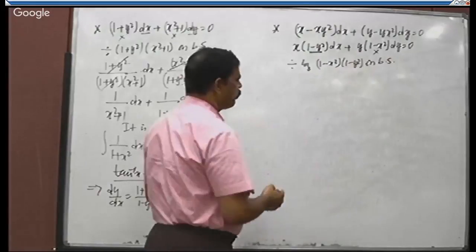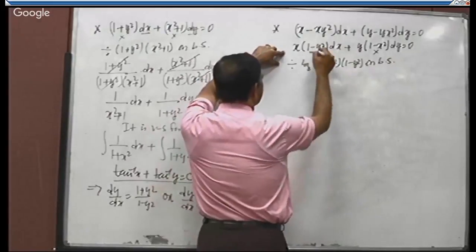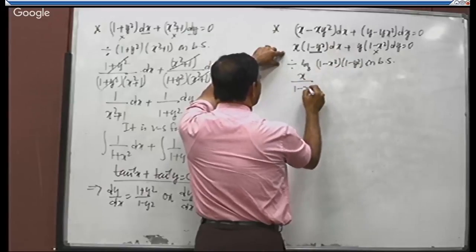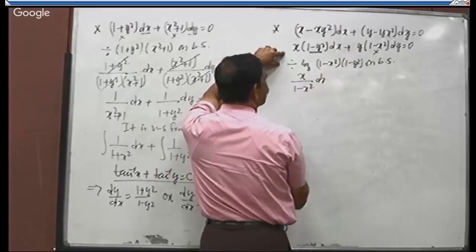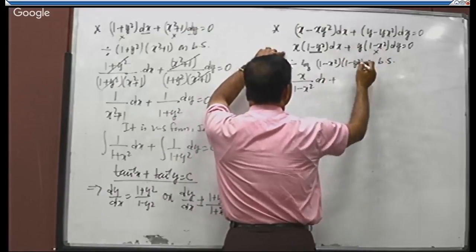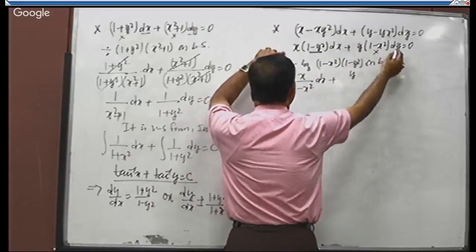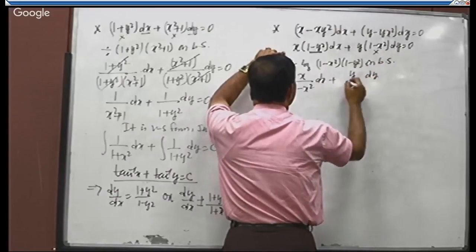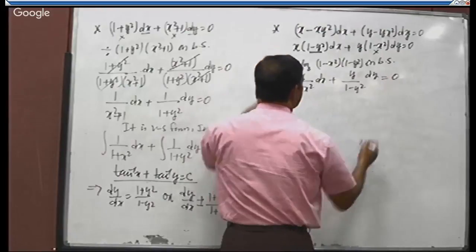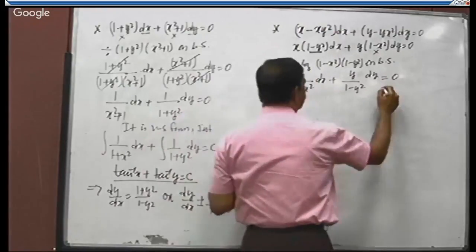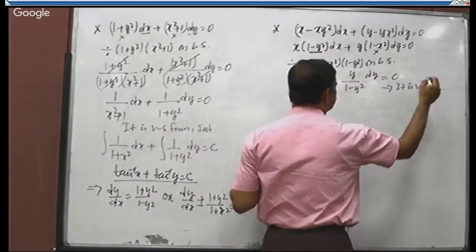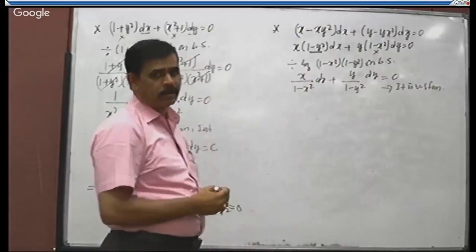By cancelling, we get x/(1 − x²) dx + y/(1 − y²) dy = 0. It is variable separable form. Then we go for integration.